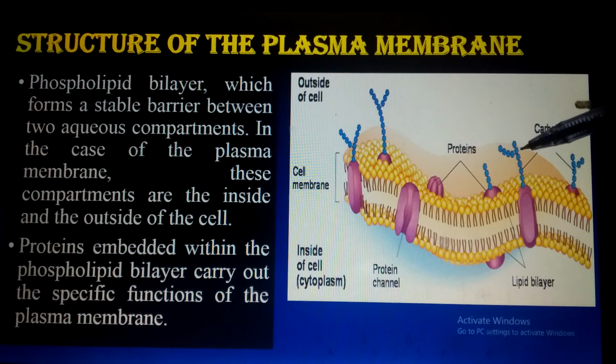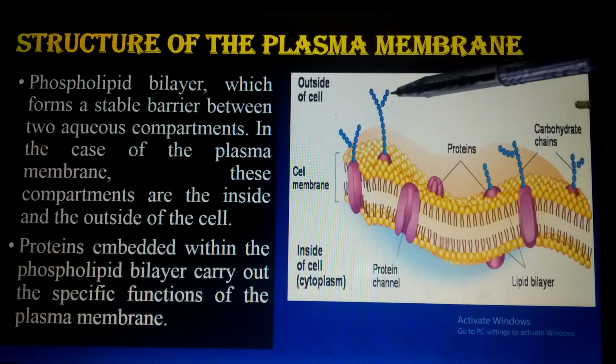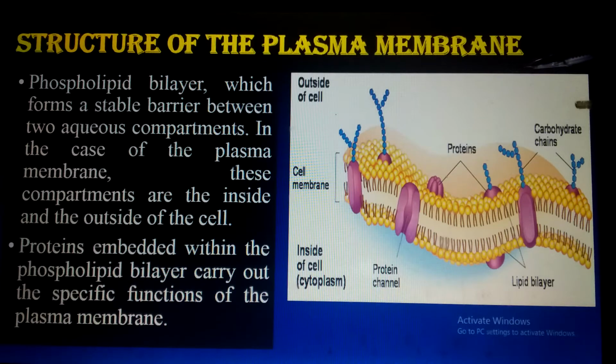I will discuss all these functions and the structure of the proteins and many more. You can also see here these chains. These chains are made up of carbohydrates and more. I will discuss them later on, one by one.